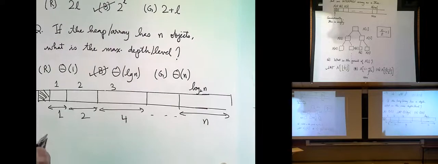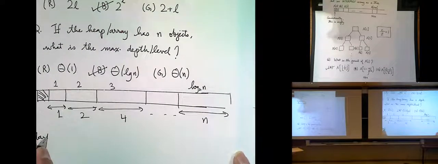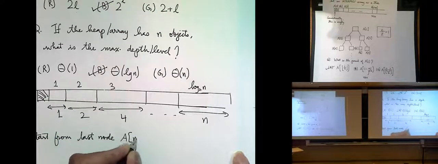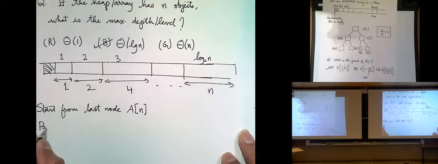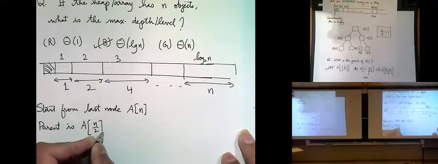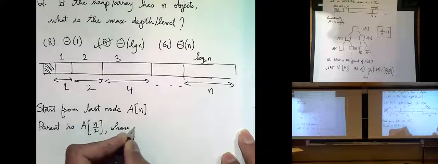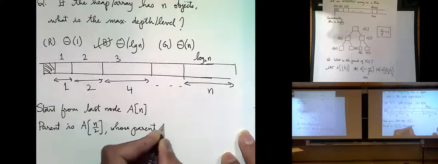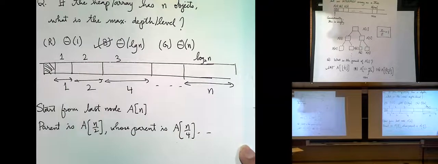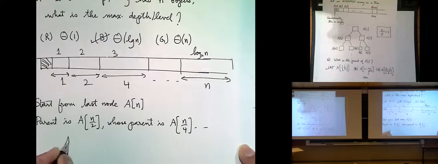The other argument is to start from the last node, which is a_n. So the parent is a_(n/2), whose parent is a_(n/4), and so on and so forth. Right?